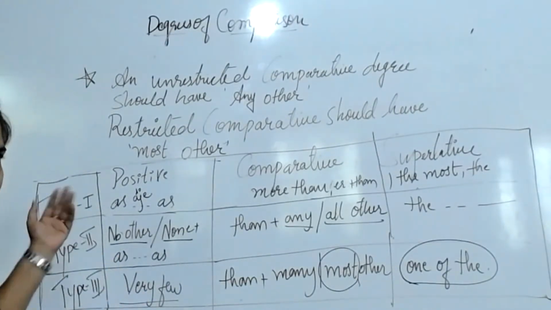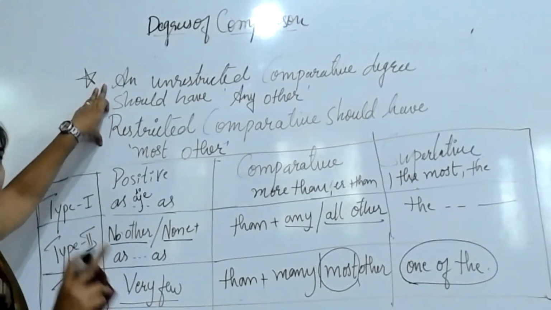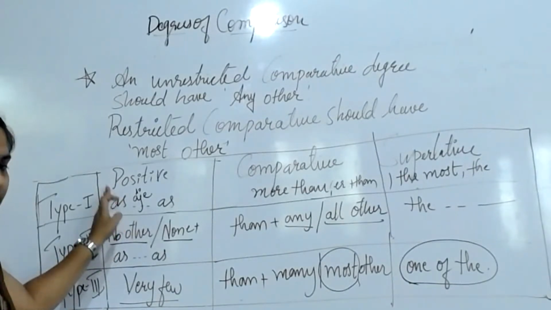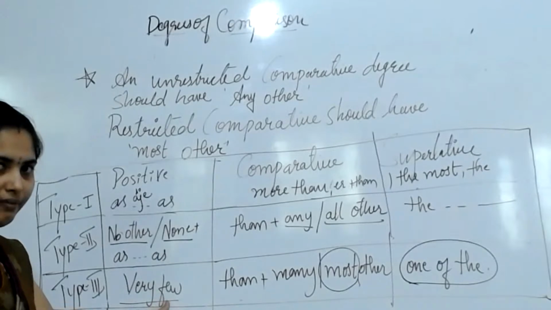Along with the examples, I will explain how the degrees will change and how to transform one sentence into all degrees. So now I will explain again the degrees. It has three types. First, "as" and "no other", "none other", and "very few".